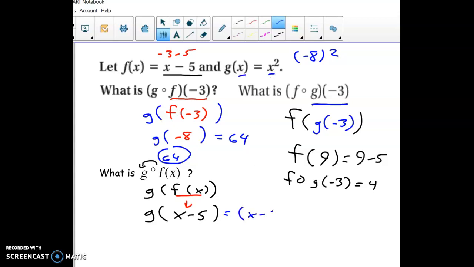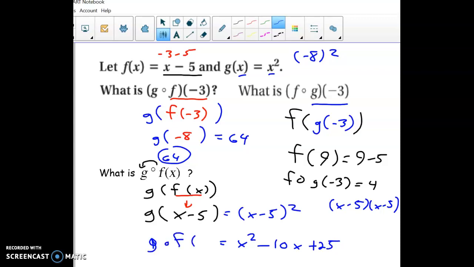So I just have to do x minus 5 squared. I'm kind of running out of time, but you'd FOIL that again. You'd have to do x minus 5 times x minus 5. Sorry, I ran out of time, but that would come out to be x squared minus 10x plus 25. So we'd say that g open dot f of x is equal to that.